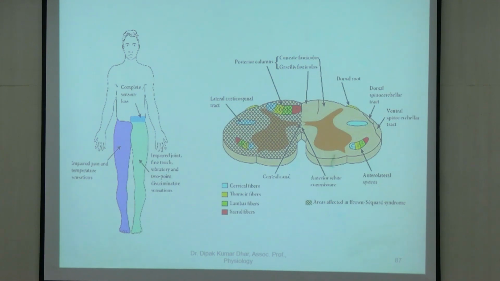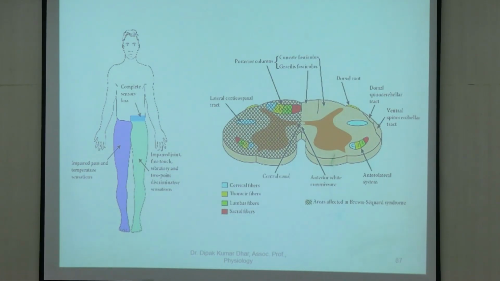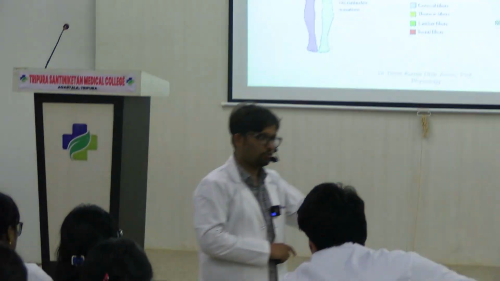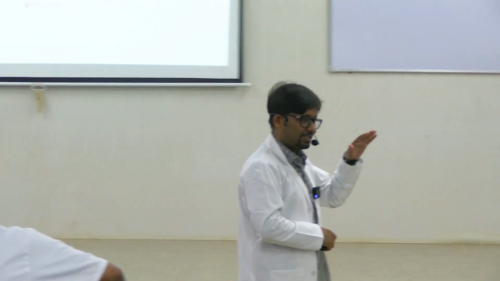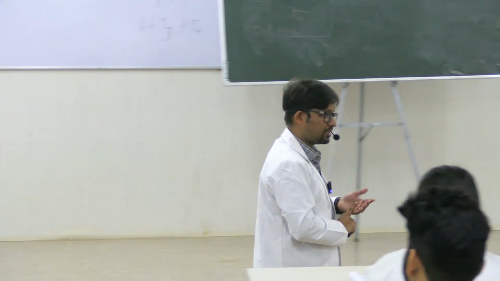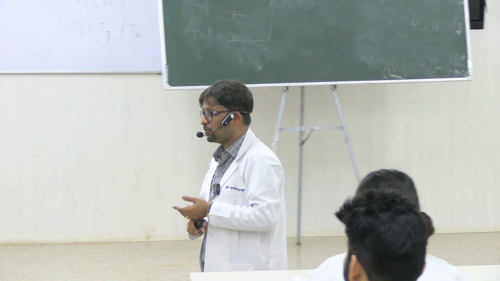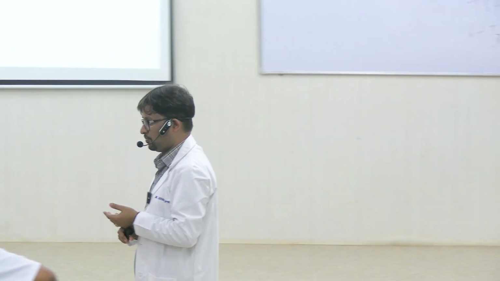So if you want to sum up now, what you find here, this side is affected. On the ipsilateral side, the side of the lesion, let's talk of the findings below the lesion. Below the level of lesion, on the same side there is a loss of dorsal column sensations, right? On the same side there is upper motor neuron lesion type of paralysis, spastic paralysis.